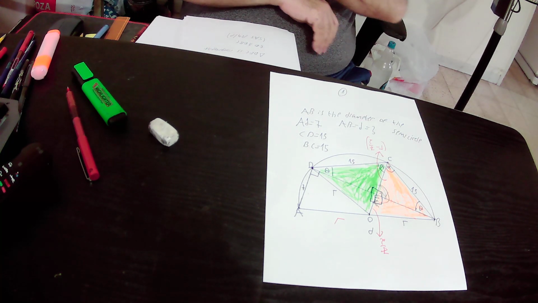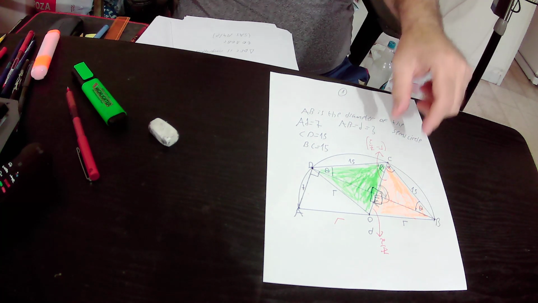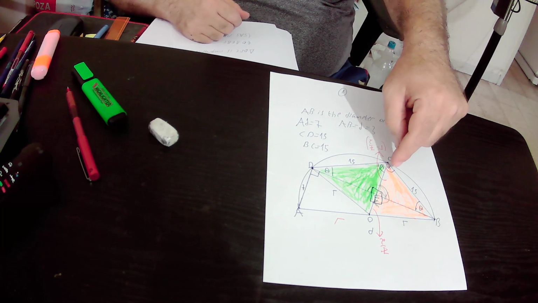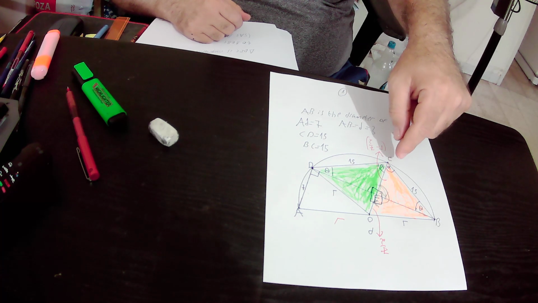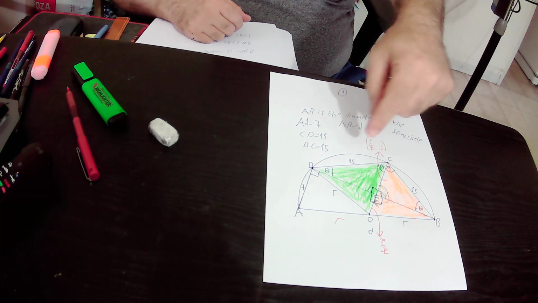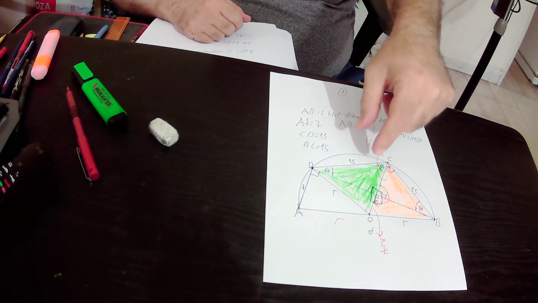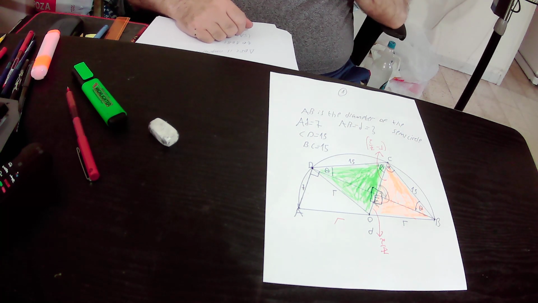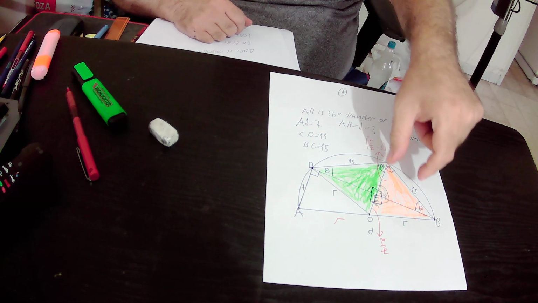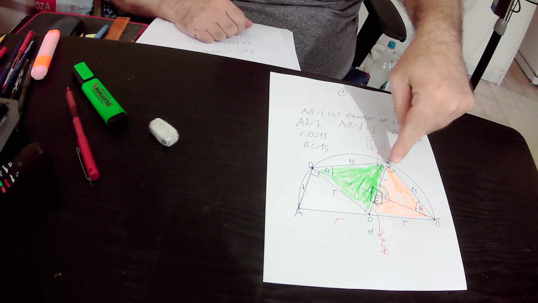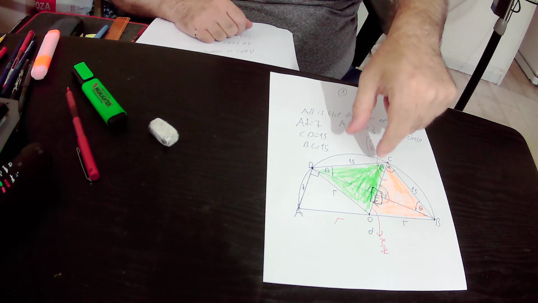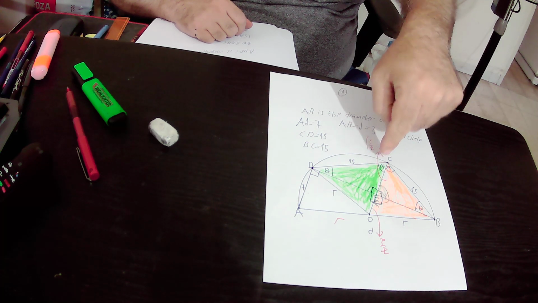So we have two sides and the angle between those two sides in one triangle equal to two sides and the angle between them in the other.